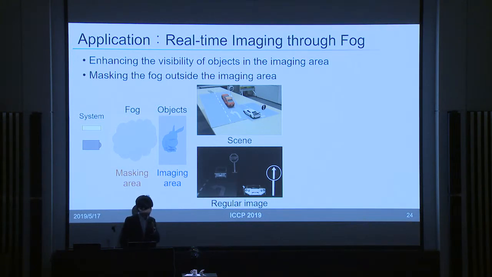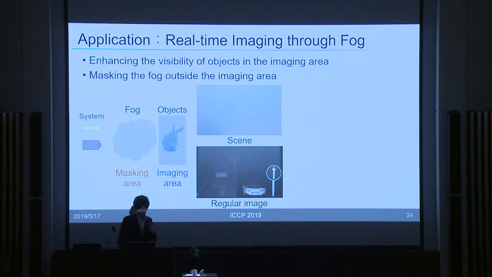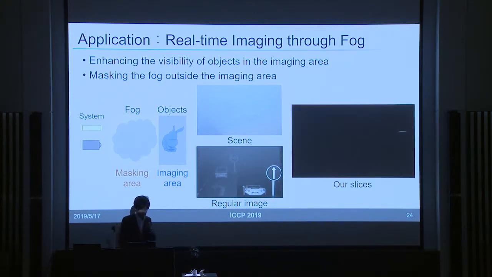When fog is added to the scene, regular visibility in the image is decreased. Our method of slope disparity gating preserves a large portion of the scene with high visibility, as shown in this video.